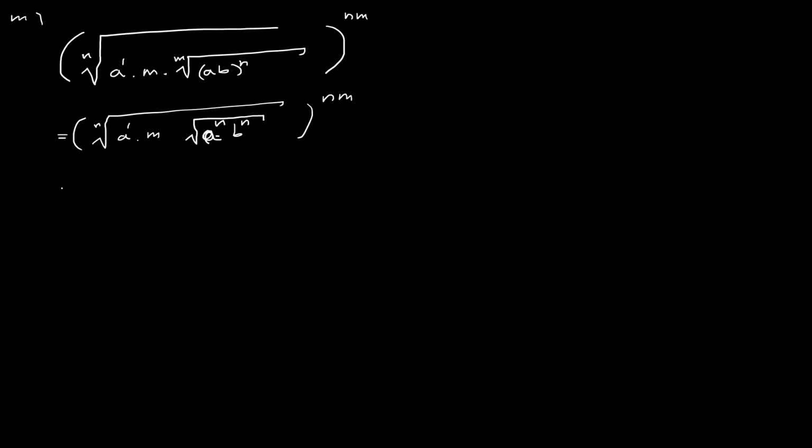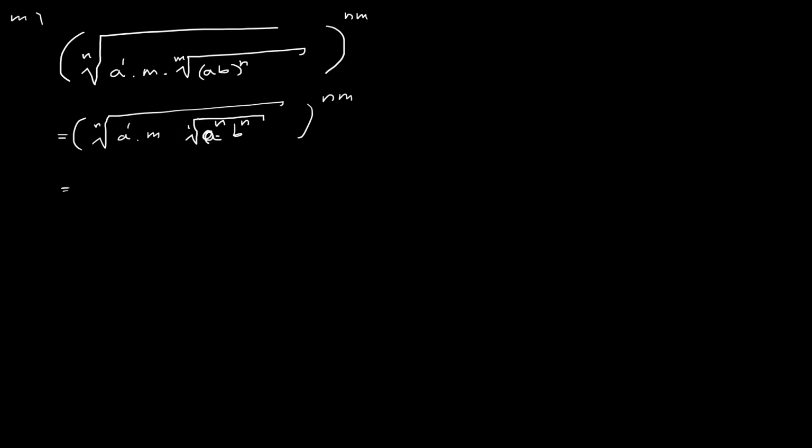Now, we can keep writing it, but a to the power of 1 is just a, right? Because it's just a times, well, nothing. It's just a times 1, so a. So here, oh, I forgot the m here.